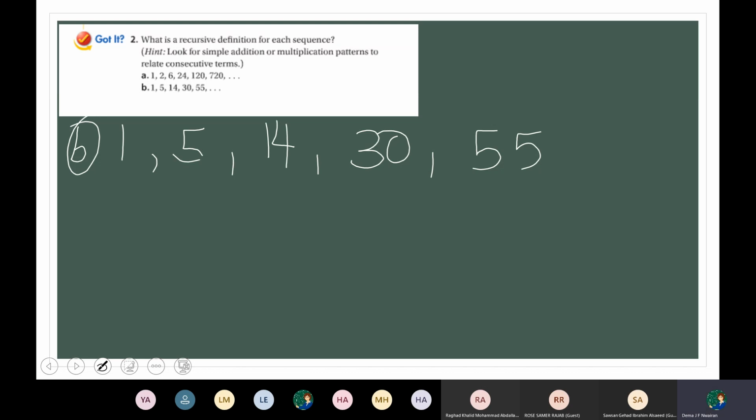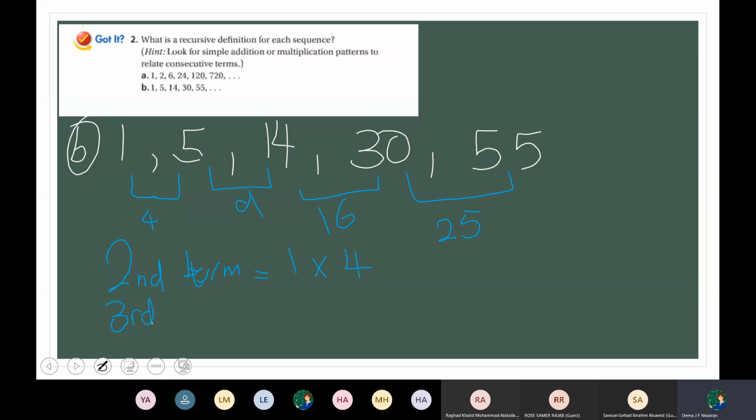Let's try to find the difference. 5 minus 1 is 4. 14 minus 5 is 9. 30 minus 14, 16. 55 minus 30, 25. Okay. After that, I said the second term is the previous term, which is 1, multiplied by 4.